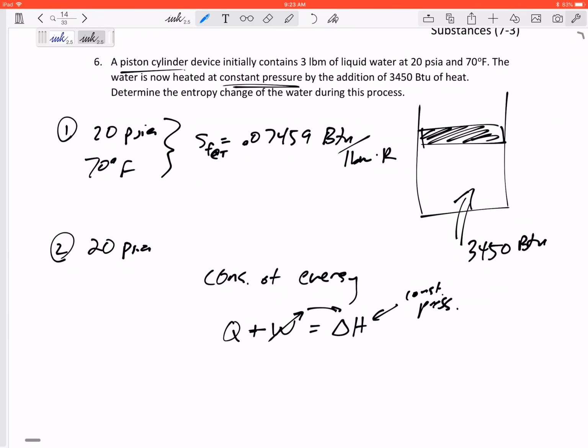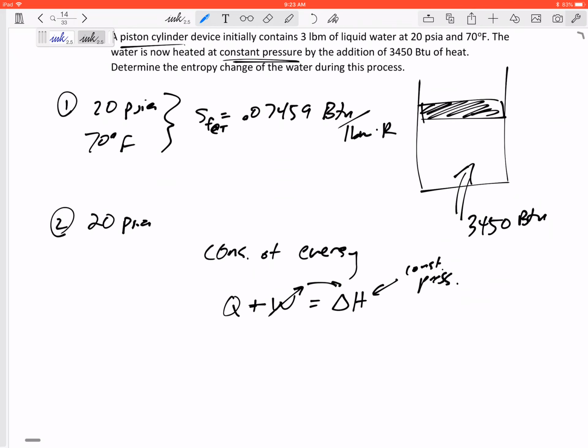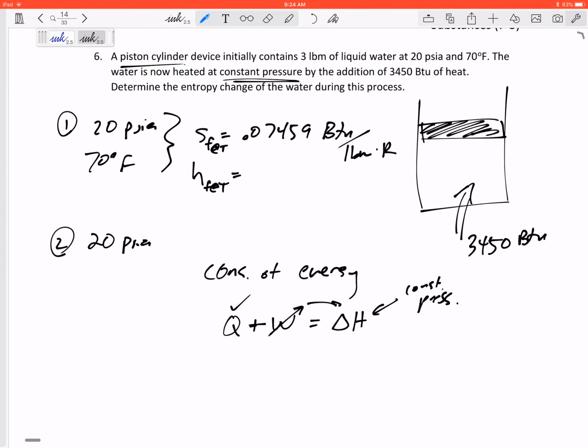So Q is delta H, and we're given Q, so we can find delta H, which is H2 minus H1. I bet we could figure out H1. Let's get H1.